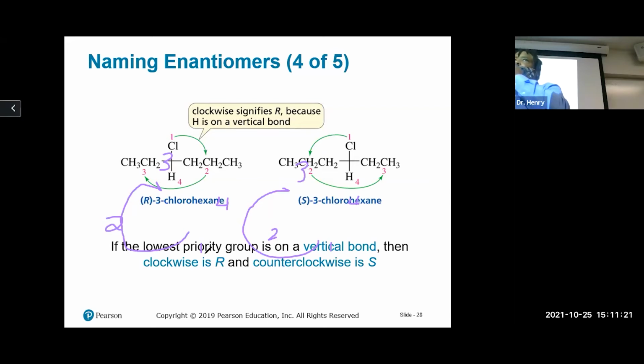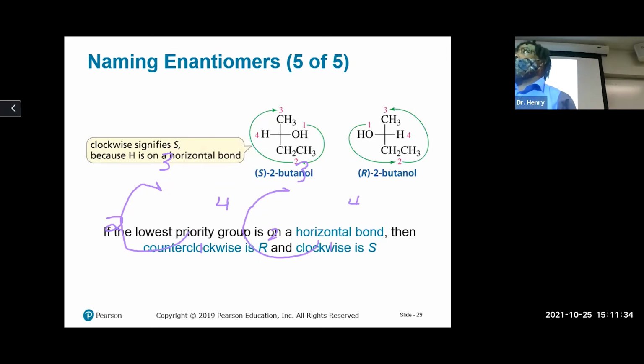Yeah, but in this case, hydrogen is on the horizontal. So this here, hydrogen's on the vertical. Here, hydrogen is on the horizontal, right? So then it switches it. Counterclockwise is R, clockwise is S.